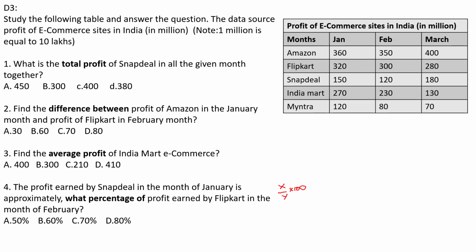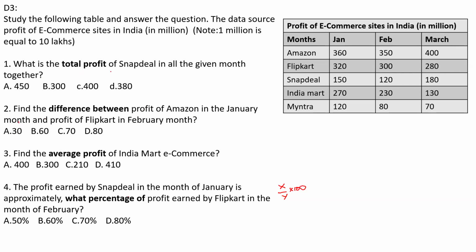So what is the total profit of Snapdeal in all the given months together? The question would be like e-commerce sites are given, and the data for the months Jan, Feb and March are given. E-commerce sites like Amazon, Flipkart, Snapdeal, IndiaMart and Myntra are given. The units are in million, like 360 million, 320 million, but there's no need to expand since they have not expanded it in the question.